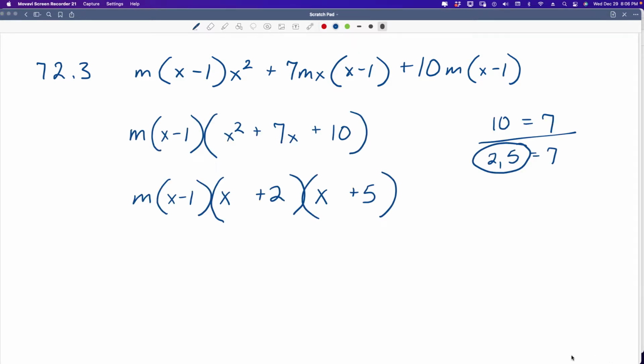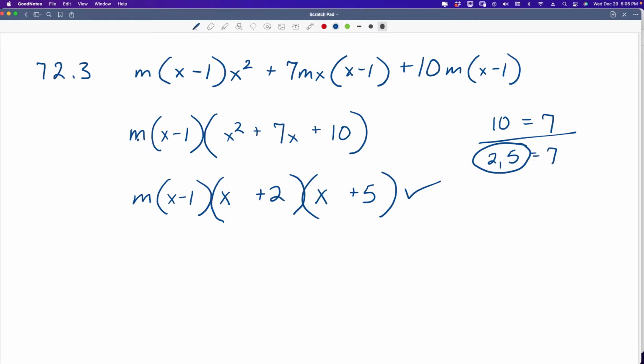All right, if you got m times (x minus 1) times (x plus 2) times (x plus 5), then you got the correct answer. We pulled m times (x minus 1) from each of the terms. Here's the m and here's the x minus 1, the m and the x minus 1.